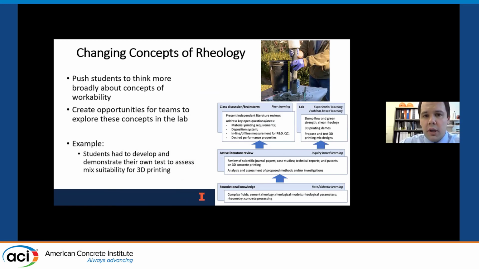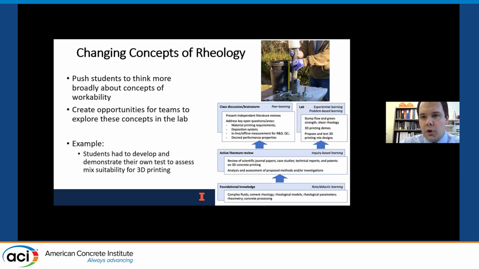And so Shiho is working mostly with concrete rheology as it pertains to 3D printing. And so we talked through some conceptual approaches where they have to do some literature review, go into the lab and actually practice and do this, make adjustments, and so on and so forth.